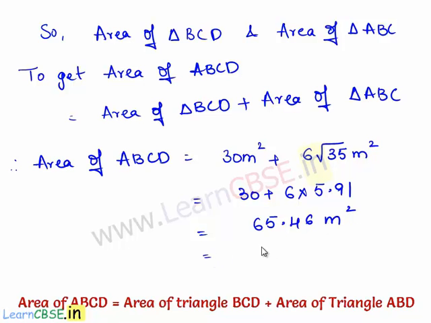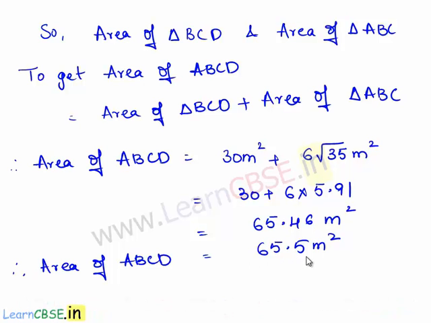So this is approximately 65.5 meter square. Therefore area of quadrilateral ABCD is equal to 65.5 meter square.